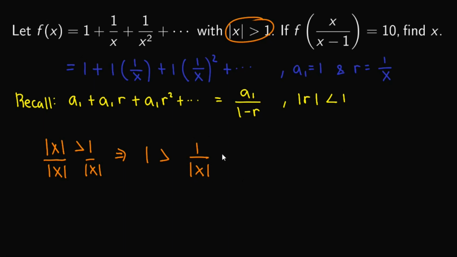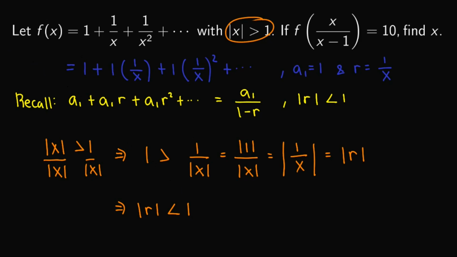Take note that this is equal to the absolute value of 1 over the absolute value of x. Moreover, this is equal to the absolute value of 1 over x by a property of absolute values. We know that the expression inside the absolute value is r. So therefore, we obtain that the absolute value of r is less than 1.